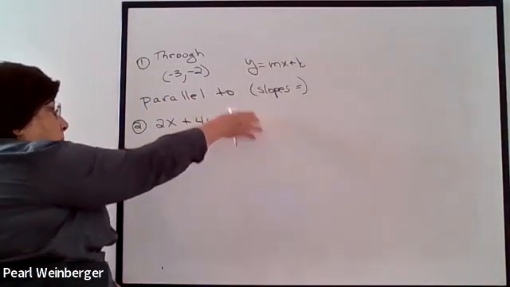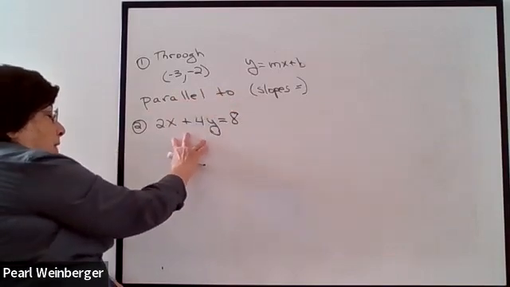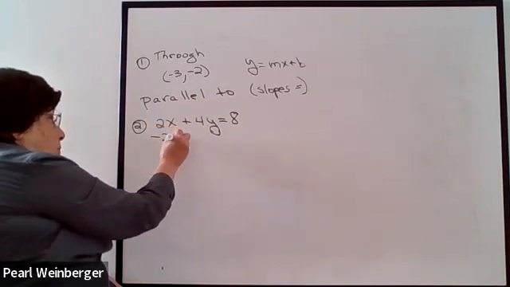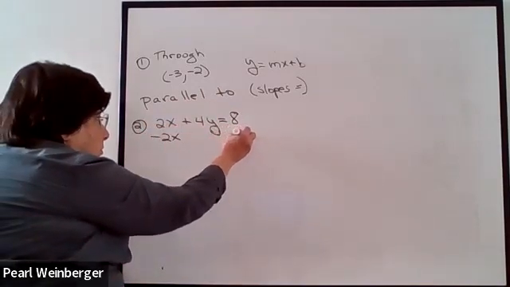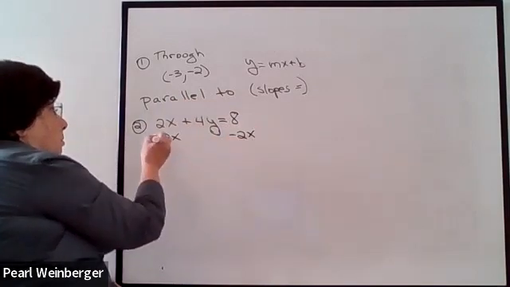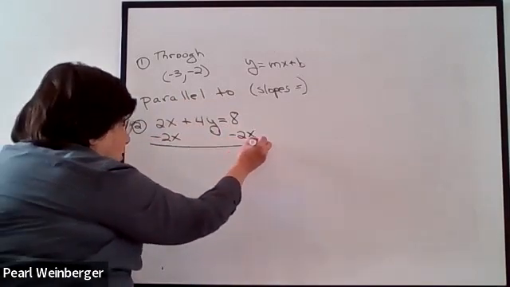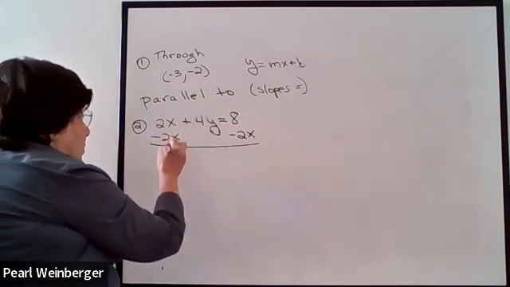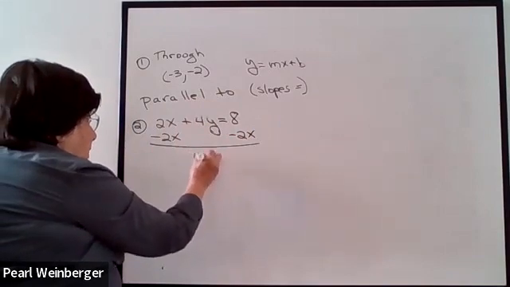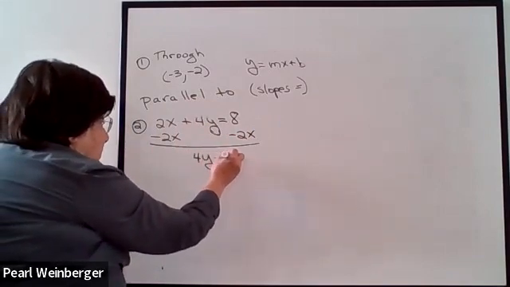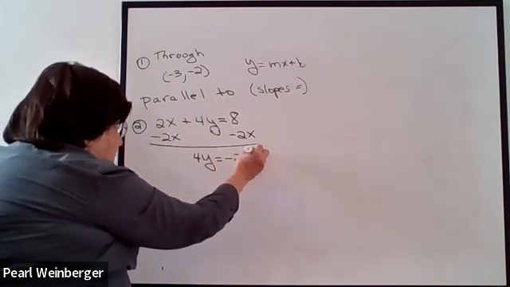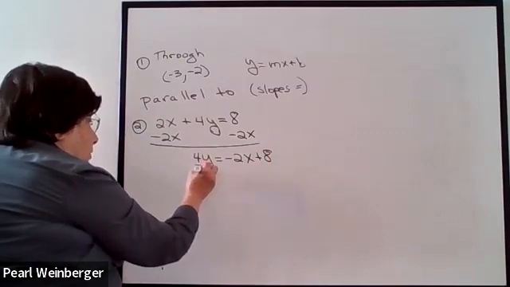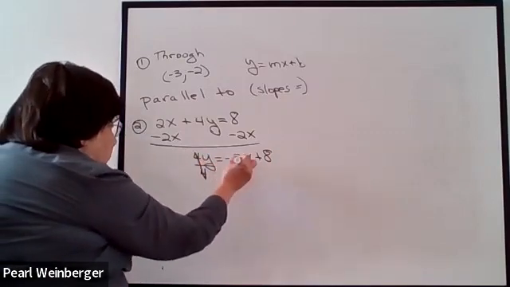So I'm going to put this in the y equals mx plus b form by getting the y alone. So I'll subtract 2x from both sides, which will give me 4y equals negative 2x plus 8. And then I'll divide everything by 4, because I have to get that y alone.